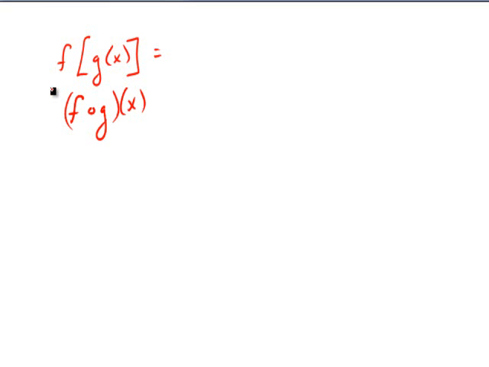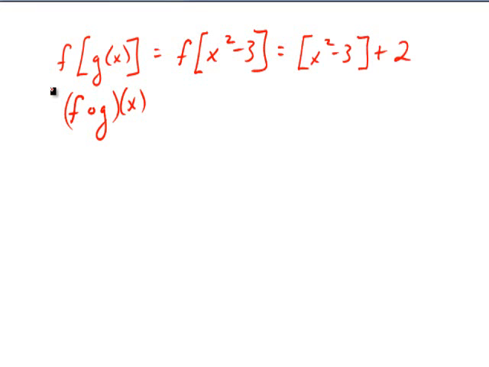For example, using the same functions I started with before, I have f of g of x. If I make the substitution for g of x, which was x squared minus 3, I have f of x squared minus 3. That says to take the f function, which is x plus 2, and replace the x with what's inside the brackets.